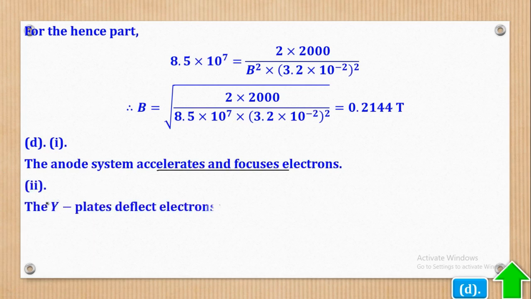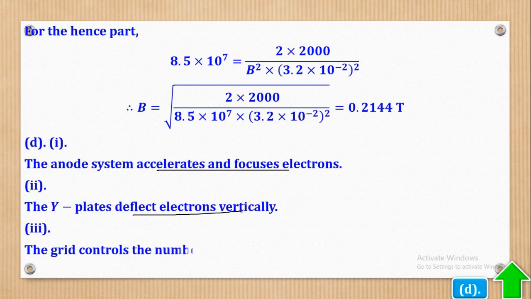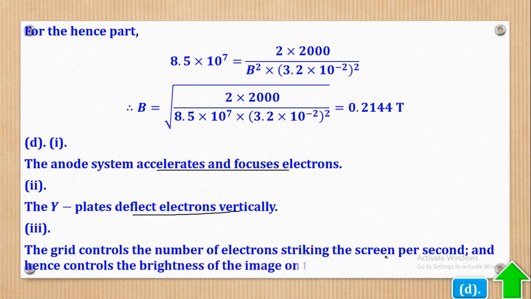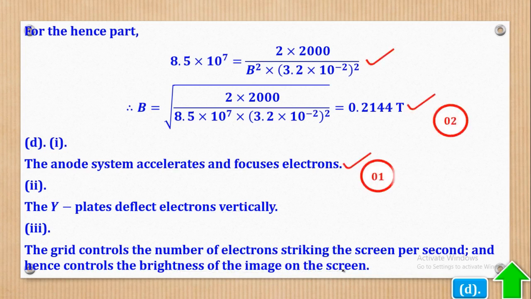What about the Y plates? So the Y plates deflect electrons vertically. And lastly the grid. So the grid controls the number of electrons striking the screen per second and hence controls the brightness of the image on the screen. So that is how marks would be awarded.